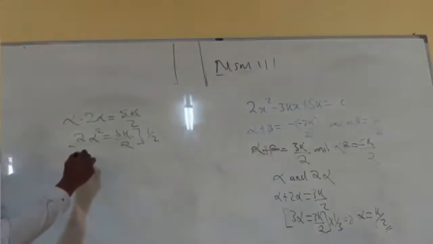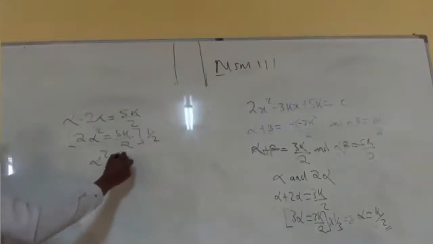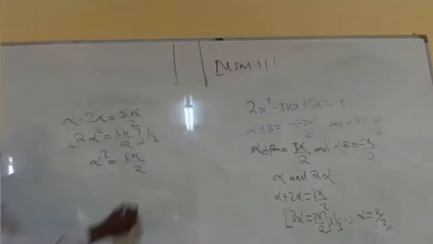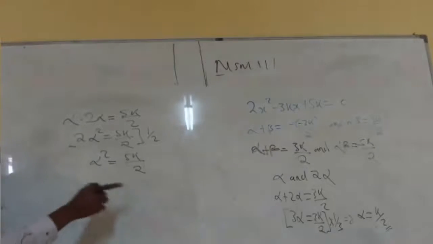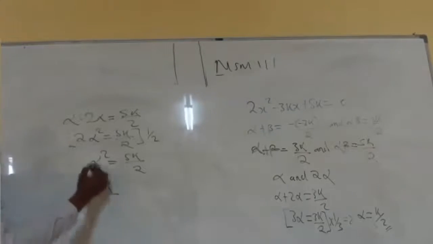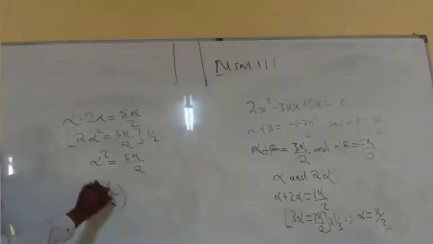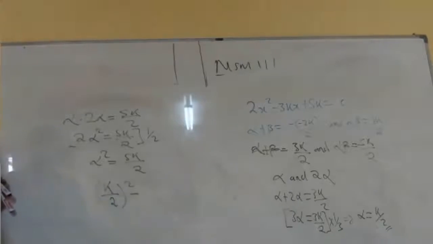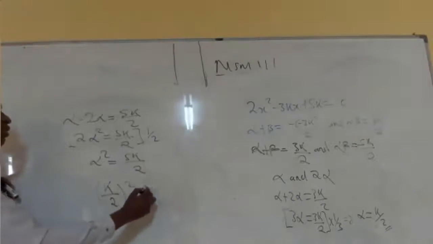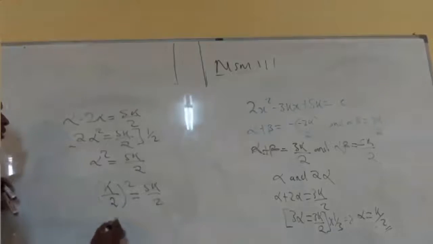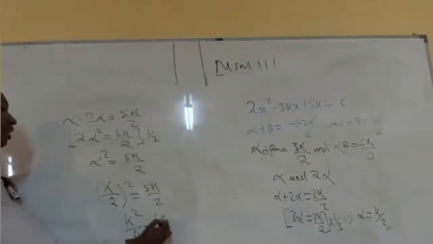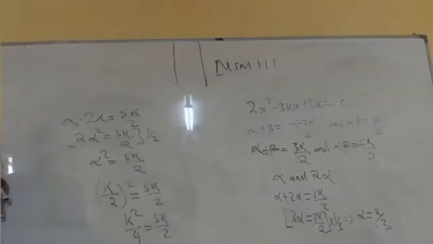Then we have alpha squared is equal to 5k over 2. Now we want to solve for k, because that's what we've been asked for. We know that alpha is k over 2, so we can replace alpha here with k over 2 squared, equal to 5k over 2. Then we have k squared over 4 is equal to 5k over 2.